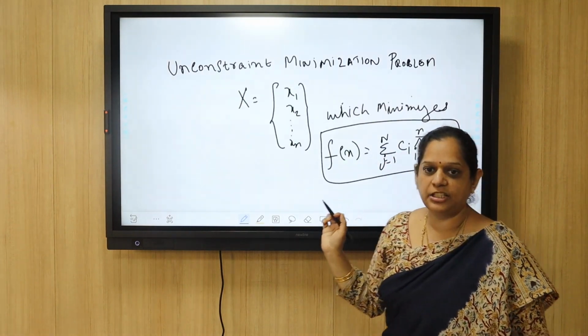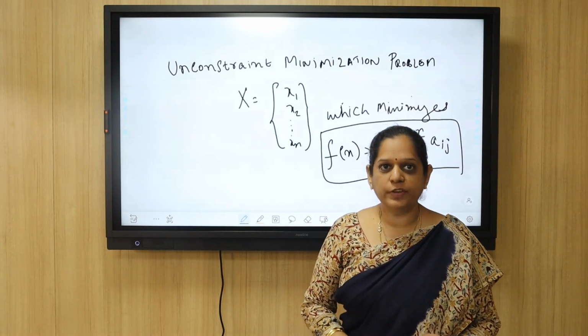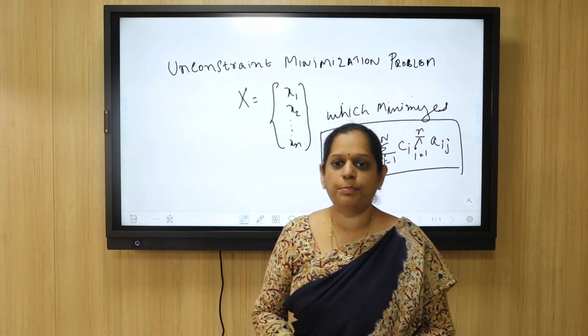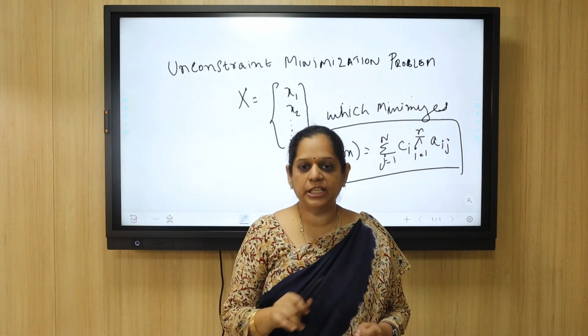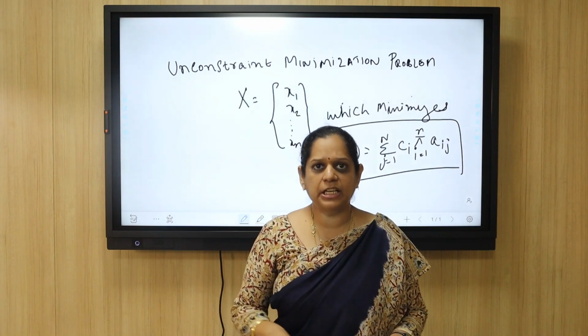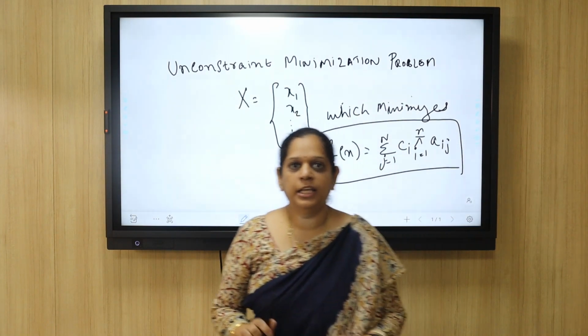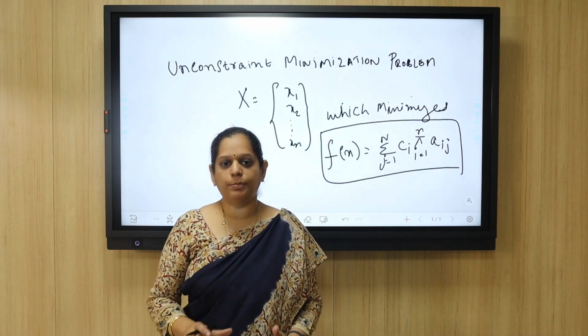Here it consists of positive constant coefficients, positive design variables and positive real exponents. So these three make it a polynomial, and in this polynomial we have to solve the problems.